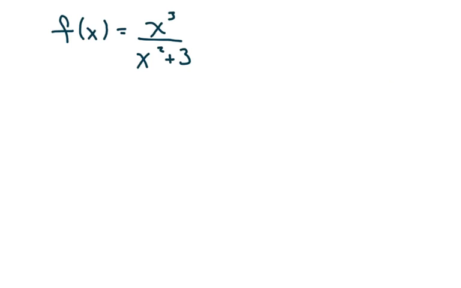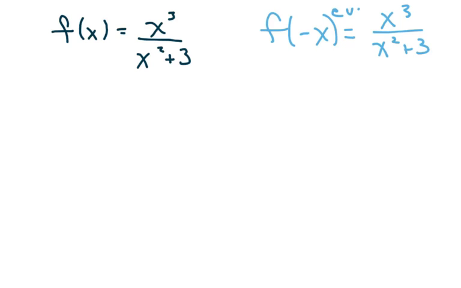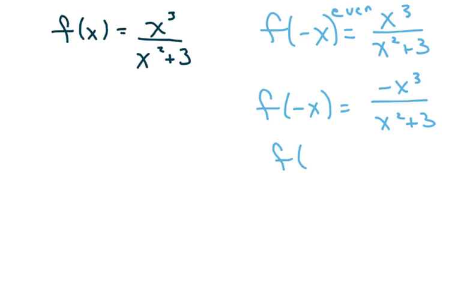And the next one, if it's even, it looks the same as the original function, which would be x cubed over x squared plus 3. If it's odd, you either negate the numerator but not the denominator, or you negate the denominator but not the numerator.